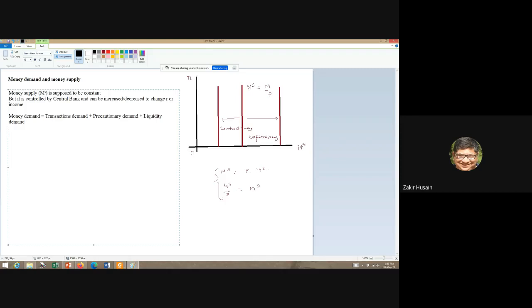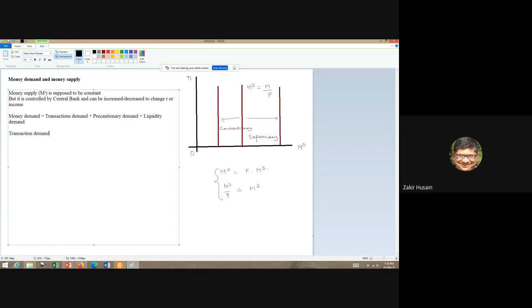There are some models about these money demand functions, which will be covered in the future semesters. You've got the Baumol's model, transaction demand. You've got the Tobin model, which looks at liquidity demand, and so on. The details will be covered in the future semesters. But right now, let me very briefly explain what is transaction demand.